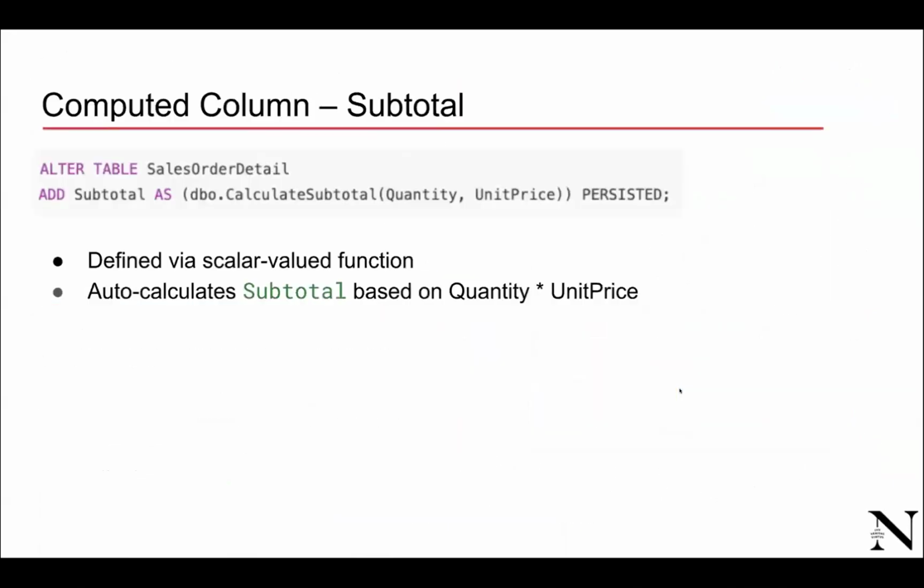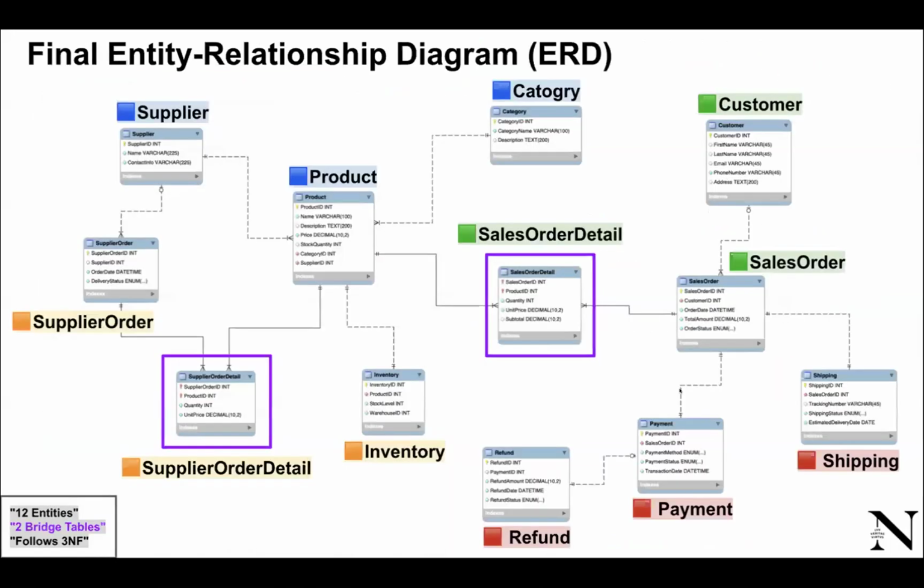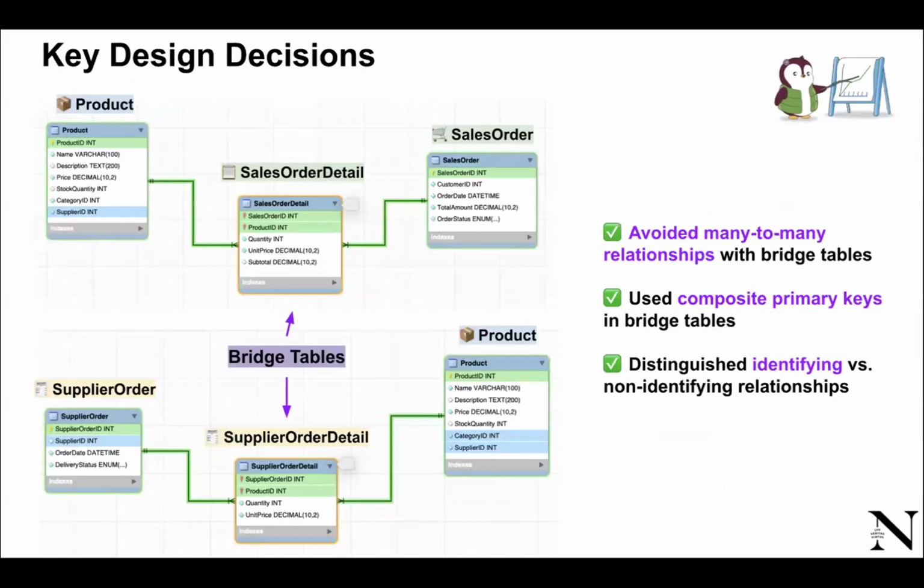Another one was enforcing data integrity using SQL. We used constraints and custom functions to handle things like valid order status and make sure stock levels didn't drop below 0. And that's pretty much it. Thank you.